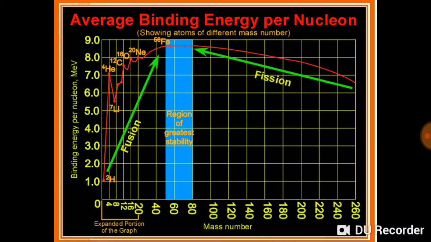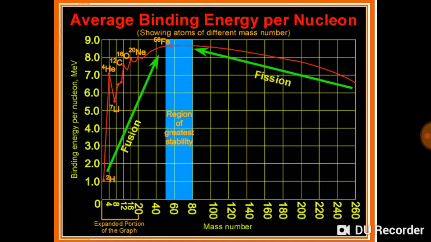It shows few peaks at A equal to 2, 4, 8, 12, 16 and 20. After A equal to 20, it attains a maximum value equal to 8.79 mega electron volt for A equal to 56 corresponding to the iron nucleus.